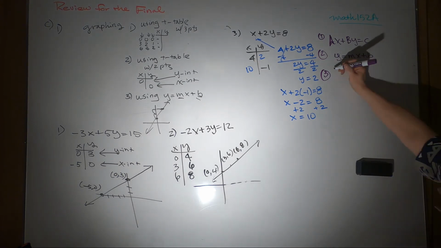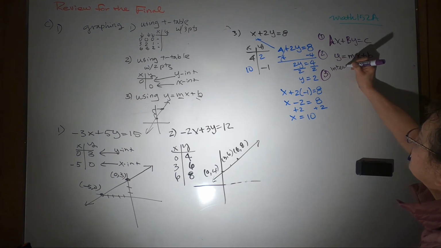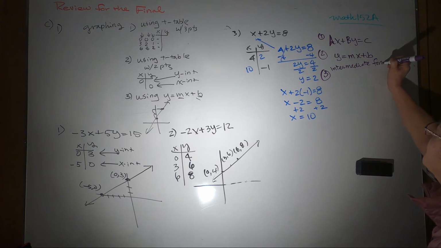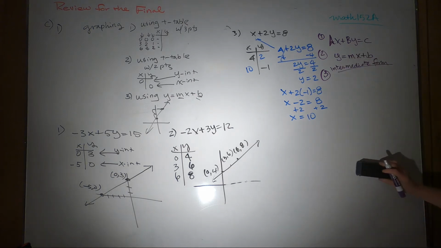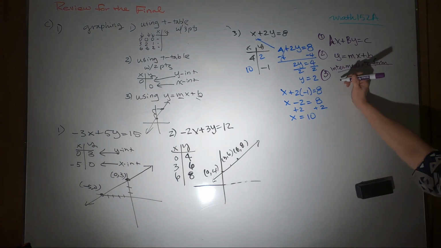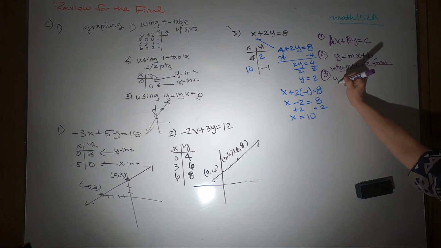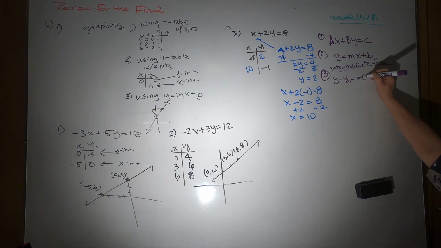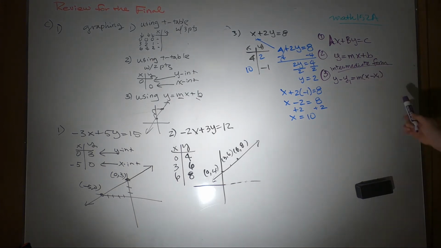Then the third one is just an intermediate, temporary form, right? We call it point-slope form, which is y minus y1 equals m times x minus x1, right? If we know the point and we know the slope, we can write the equation.